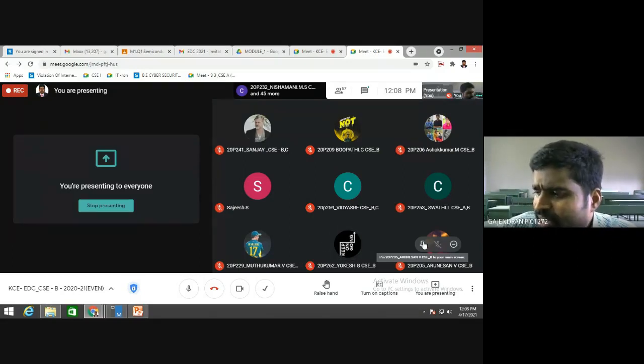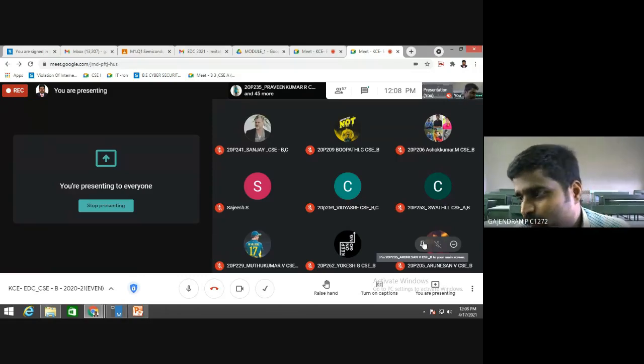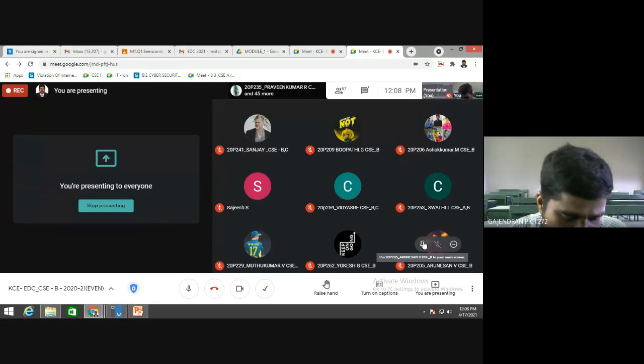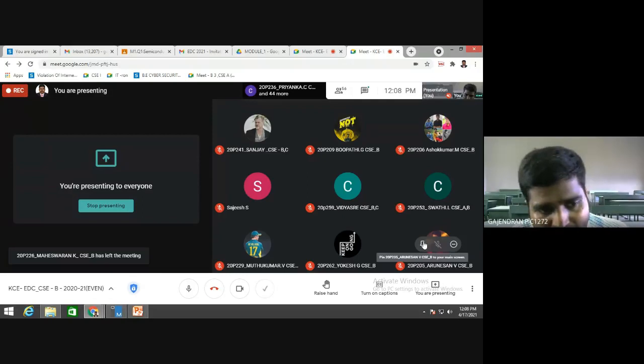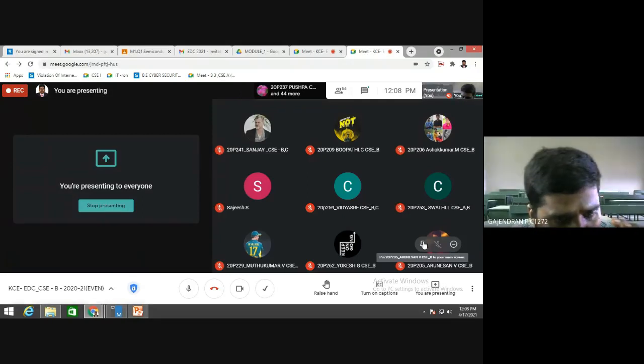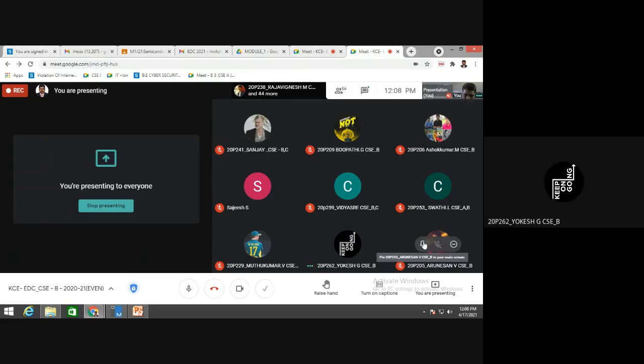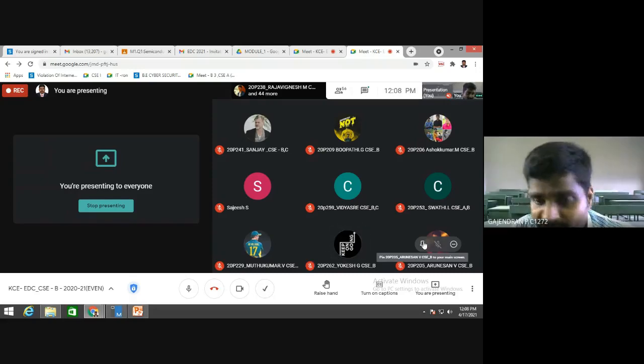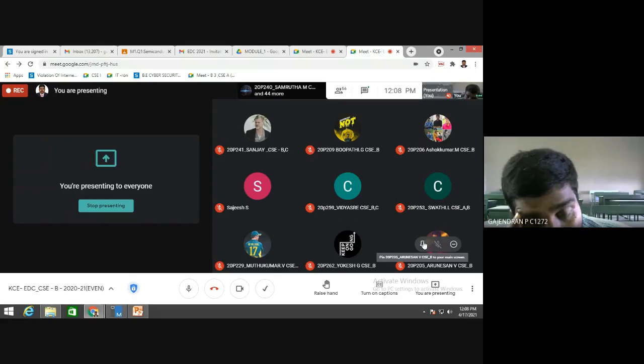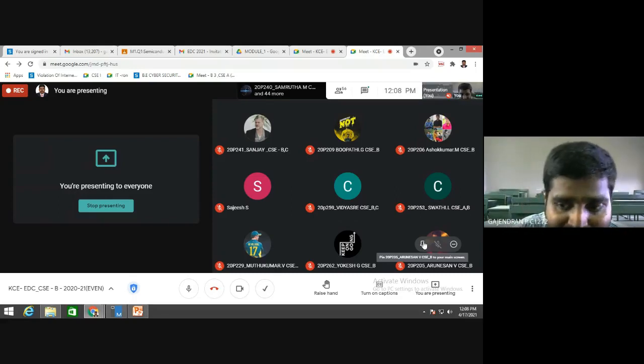So far we have studied a few semiconductor devices: PN junction diode and Zener diode. Out of these two, which one will we use to get the regulated output voltage? Zener diode, very good. So using a Zener diode, we can create a voltage regulator circuit.